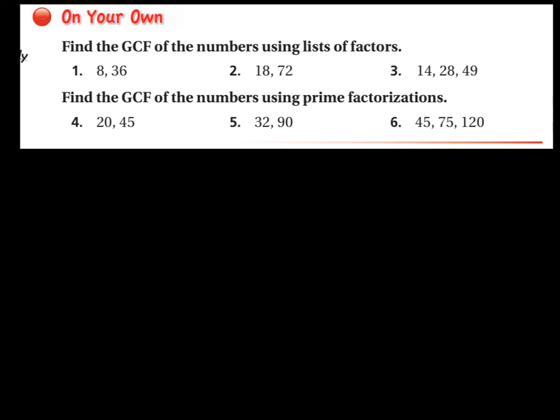Number one, you're going to start by listing the factors of 8. So you're going to say 8 is 1 times 8, and then it's 2 times 4, and that's all your factors. So we've listed out all the factors, and you're going to do the same thing with 36. You're going to list out all the factors, so 1 and 36. Then we have 2 and 18.